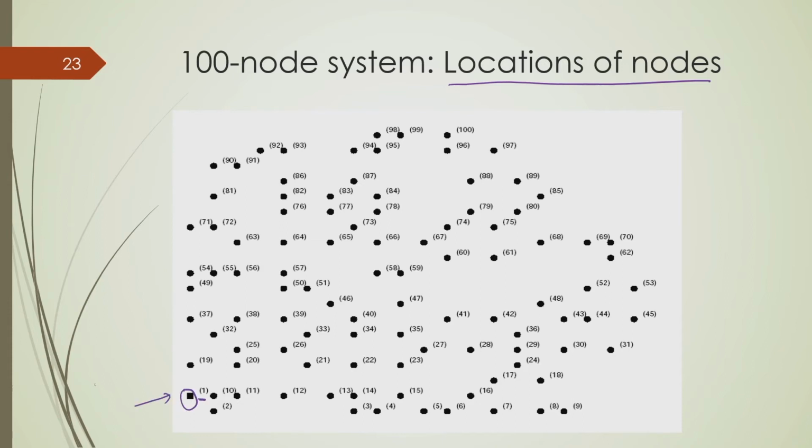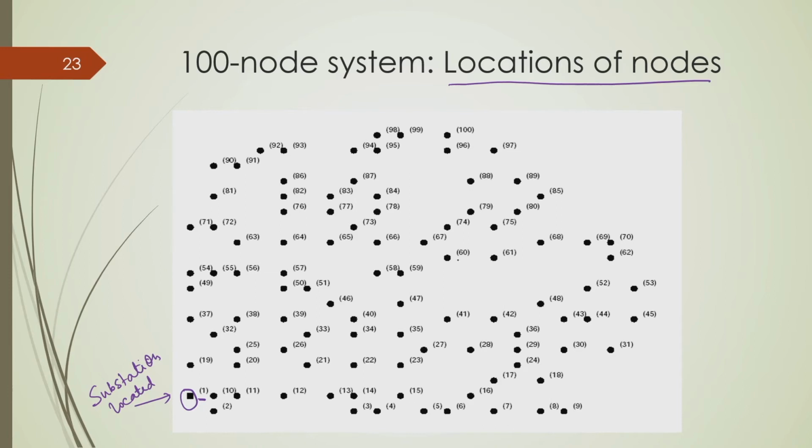So, here we have substation located, and you can see apart from this location of the substation which is already specified at node 1, there is no pre-existing network.